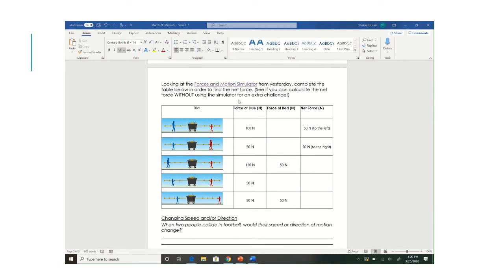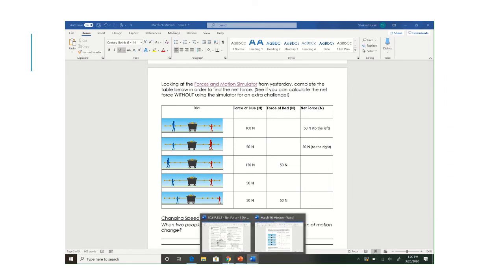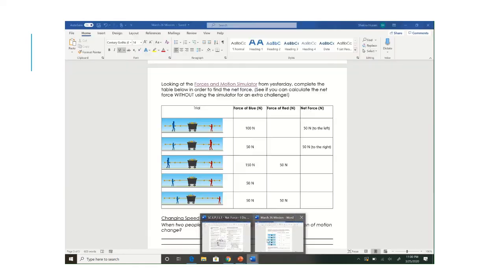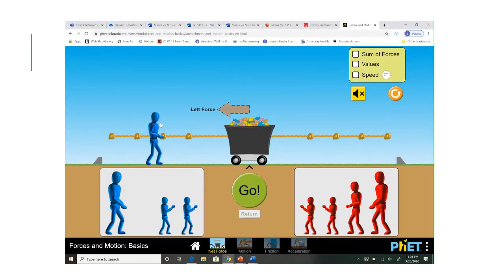Okay, so once you're ready, go ahead and click on that link, and it's going to bring you to the simulator. You're clicking on net force. So now you're going to set it up like you saw in the table. So I'm going to add the medium-sized blue over here and the smaller red over here.